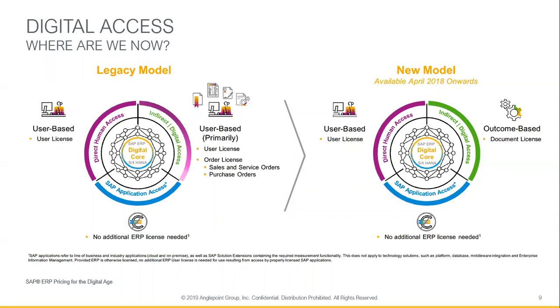It's not in the current price list anymore. It was taken off as soon as digital access was included. But that was the first attempt from SAP to put something on the roadmap to digital access. Sales and service order execution was licensed based on the number of sales and service orders executed, which is very similar to what we have now in digital access. But regardless of that, if you look at this legacy model and you want to license indirect access, you will run into some problems.